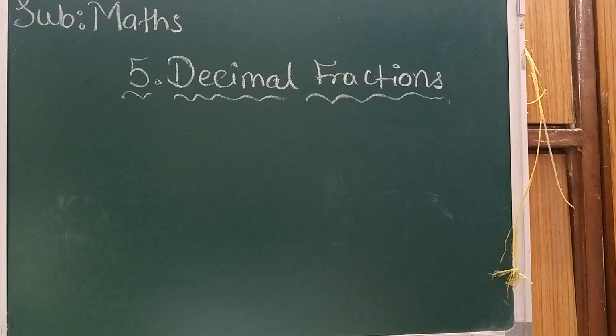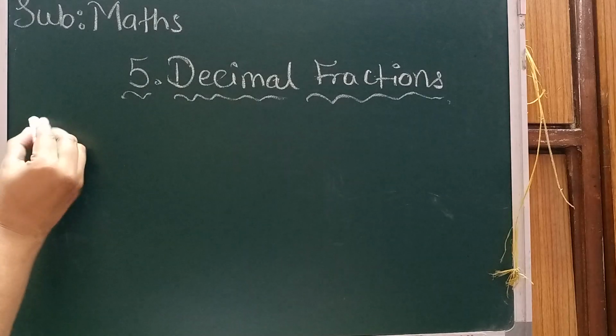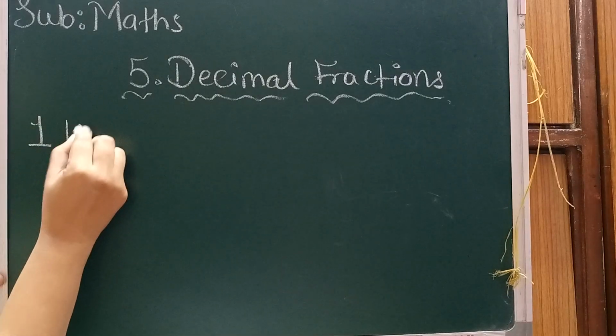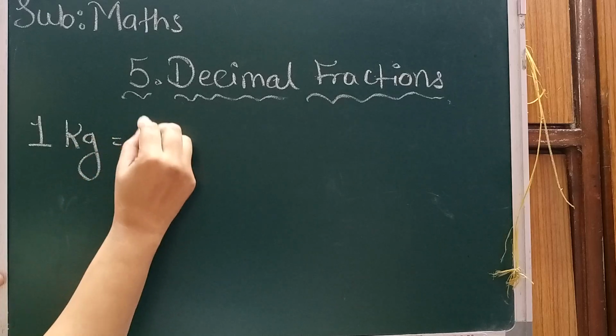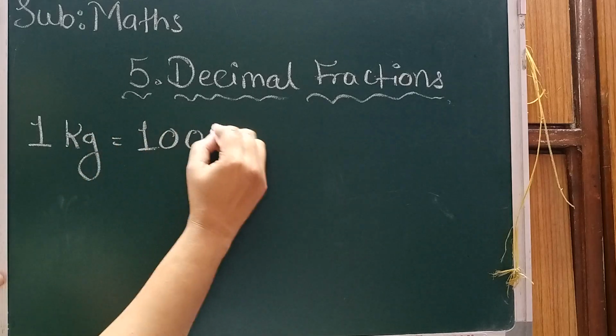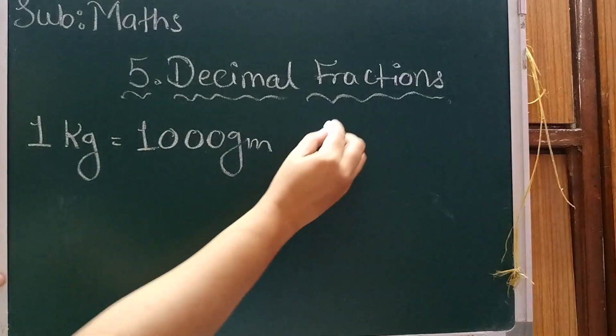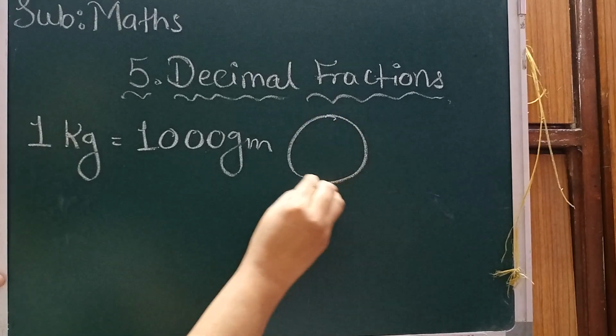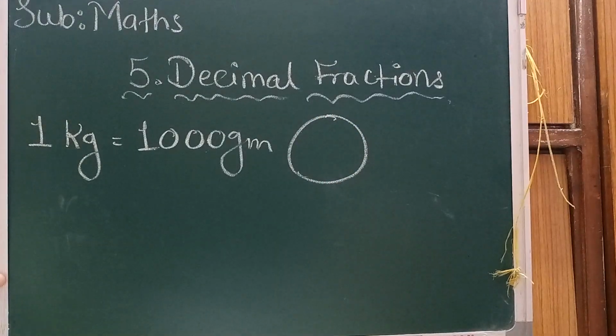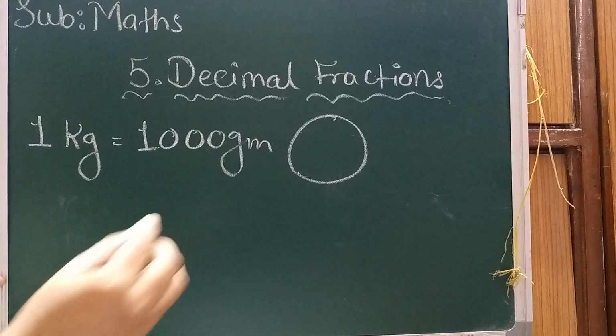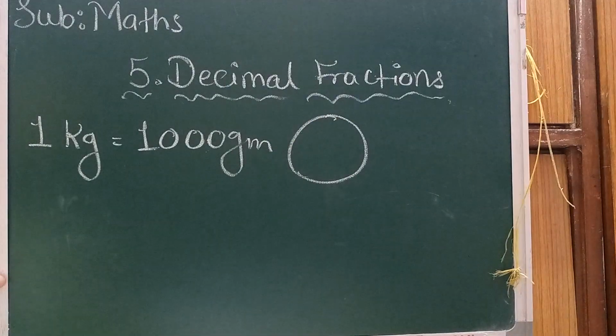Children, in the previous standard we have studied the problems on measurement. There we have seen that 1 kilogram is equal to 1000 gram. If we consider this as 1, and you remember we studied fractions last day, we can consider this as a whole.